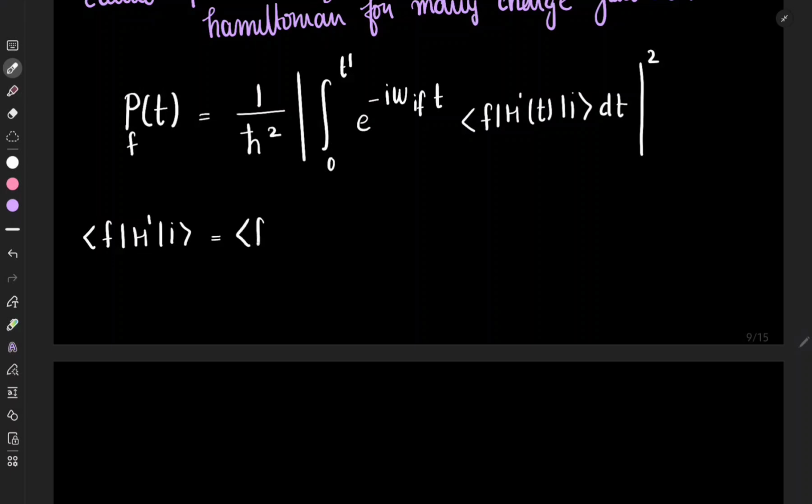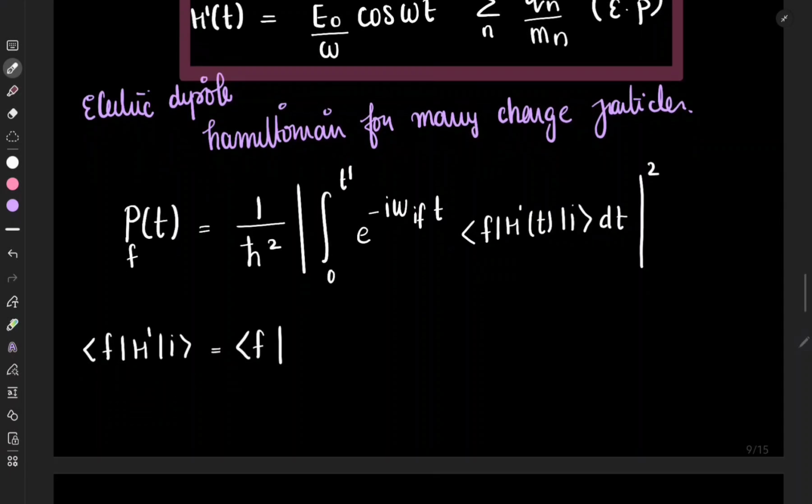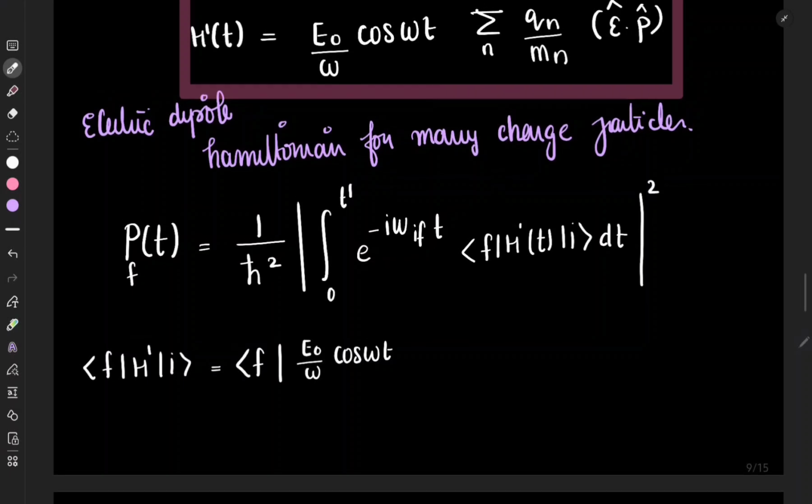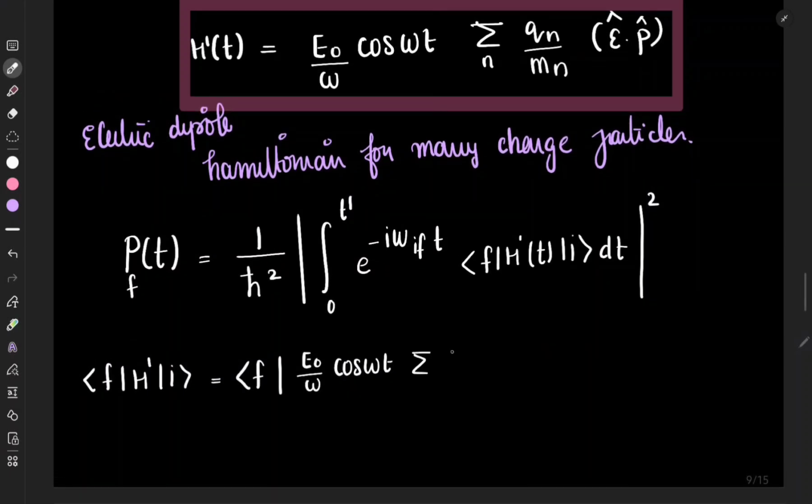So h prime is nothing but e naught by omega cos omega t, summation q1 divided by mn dot p, dt.